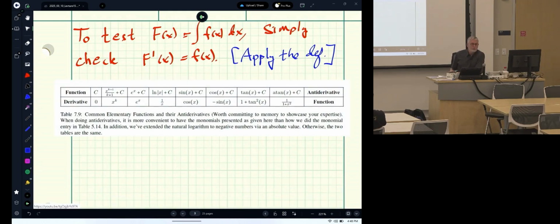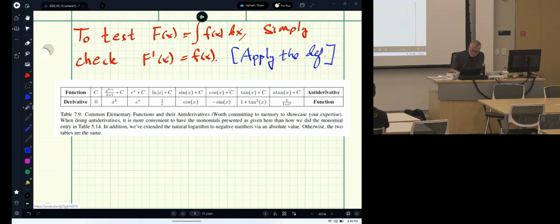This table consists of all of the antiderivatives that I have had memorized for my entire calculus career, probably the ones that most of you have memorized as well. So how does this work? Before, we had functions and calculated their derivatives. The derivative of a constant is 0.